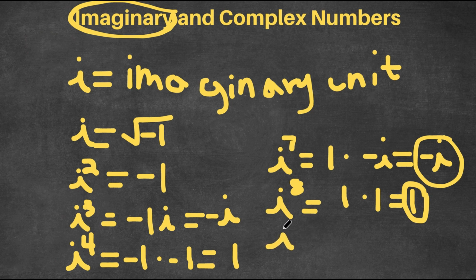Now, what about i to the power of 9? Well, we're actually going to have to multiply at least 3 of these to get this number, because the highest exponent we have is 4, and 4 plus 4 is 8. So that's less than 9. So we're going to have to do 4 plus 4 plus 1, meaning i to the power 4 times i to the power 4 times i.